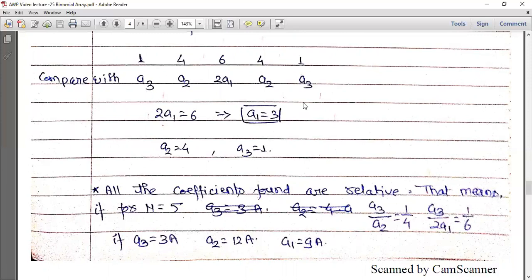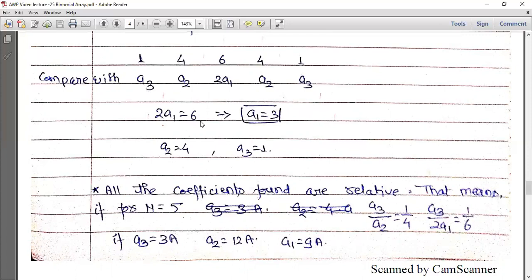Okay, that's an important point to consider here. As an example, I have written over there that if A3 is 3 ampere, for example, suppose you provide the current A3 equal to 3 ampere to these two antennas at the extreme ends in the binomial array.